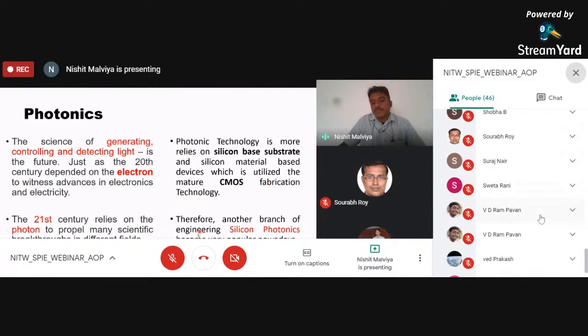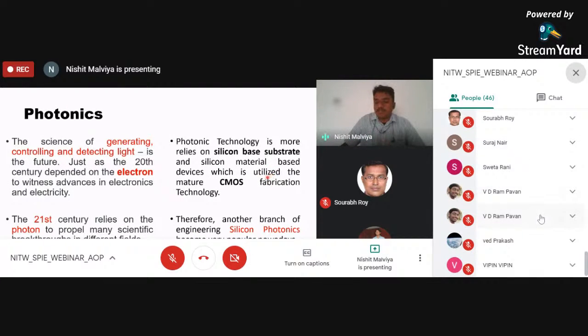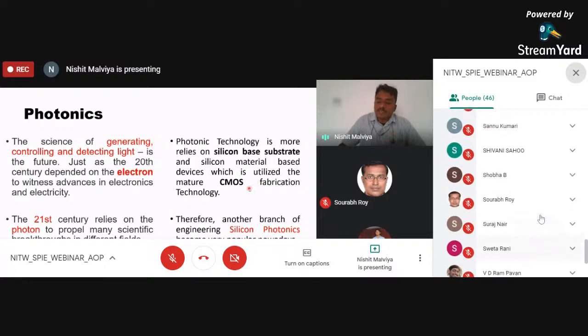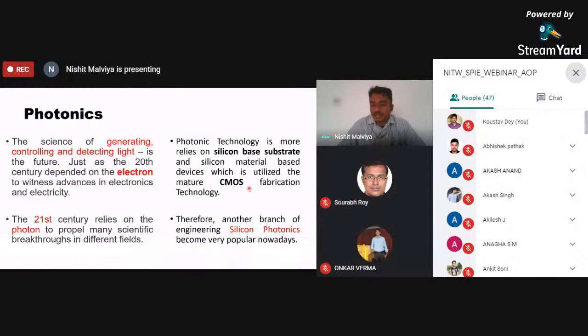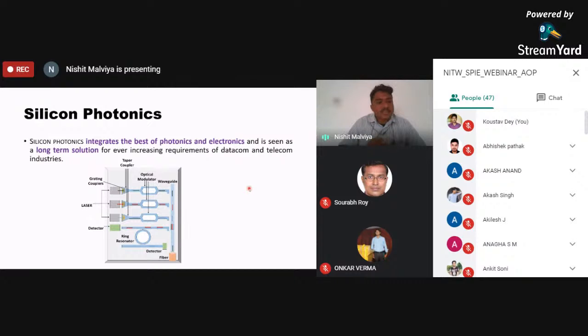So CMOS fabrication is a mature technology. Researchers took motivation from CMOS technology and utilized the silicon-based substrate for photonic applications, because silicon is a very abundant material available in huge amounts in nature. By using the CMOS silicon-based substrate for photonics technology, it has become silicon photonics. Next, we discuss what silicon photonics is.